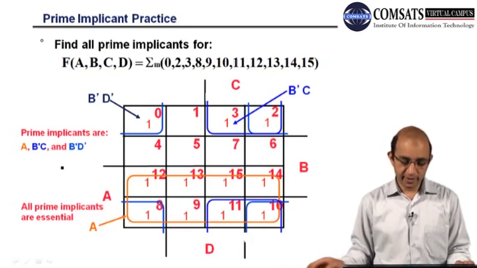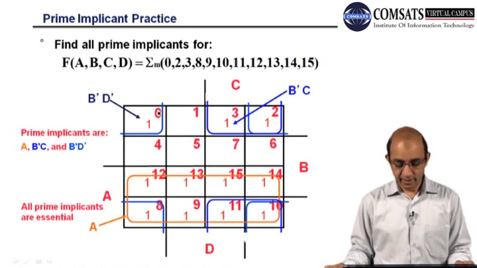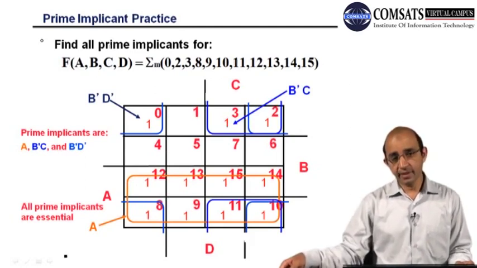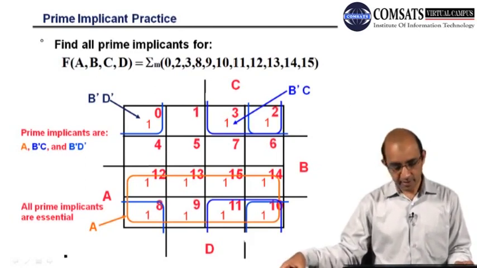So you can see that this one is not utilized. If you consider this square that includes ones at the corners, and this square, this one has not been reutilized, right? And all those ones, they are not utilized, so all the prime implicants are essential, right?